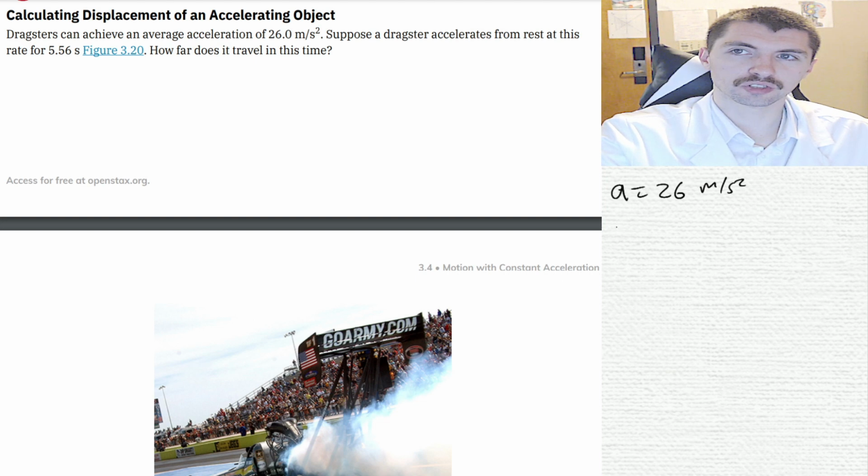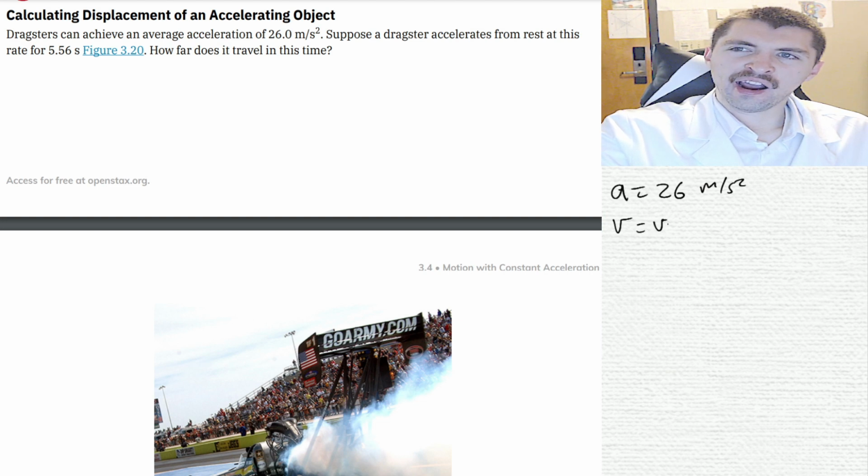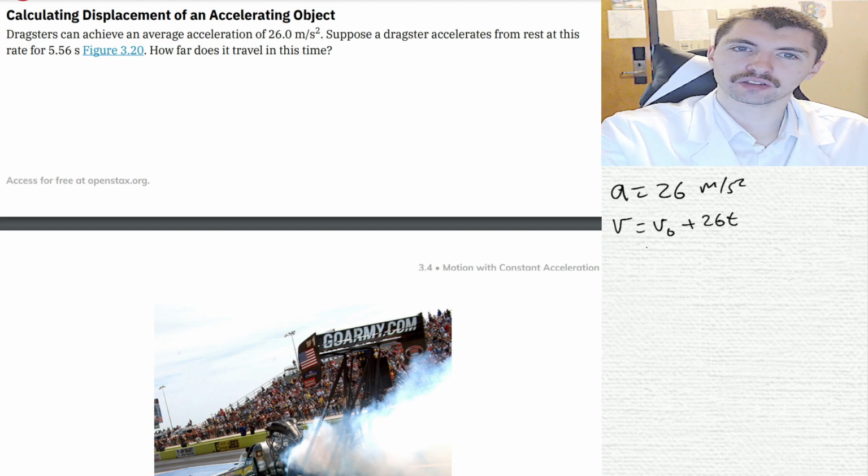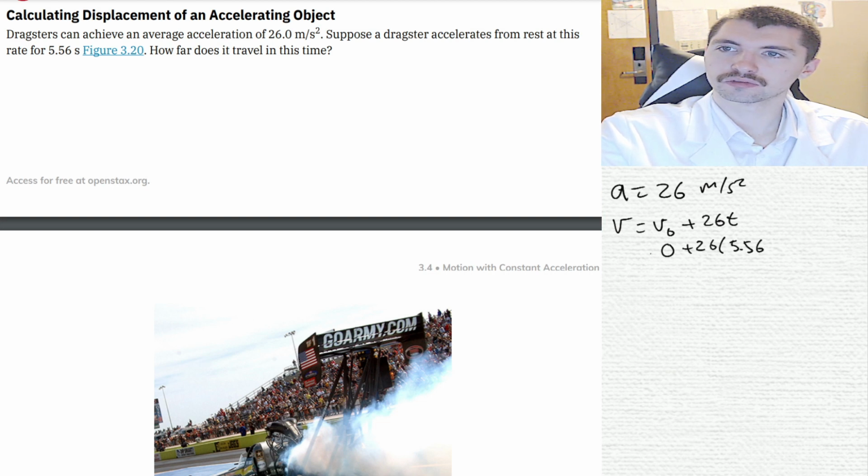So how far does it travel in this time? Okay, so we want to find x. We know v naught, so I think v naught is 0 plus, okay.